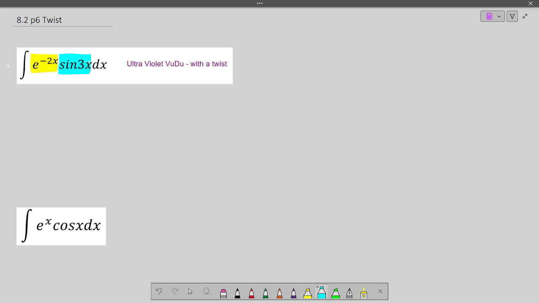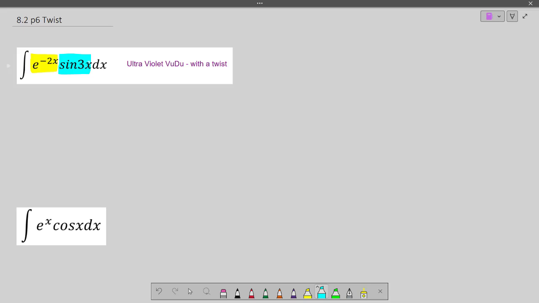If we put the exponential function with the u or with the dv, when we differentiate or integrate, it's still going to be an exponential function. If you take an exponential function and keep differentiating, it doesn't change. The coefficients change, of course, but it stays an exponential function. Same thing if you put it with the dv and you start integrating. The coefficient might change, but it's still exponential.